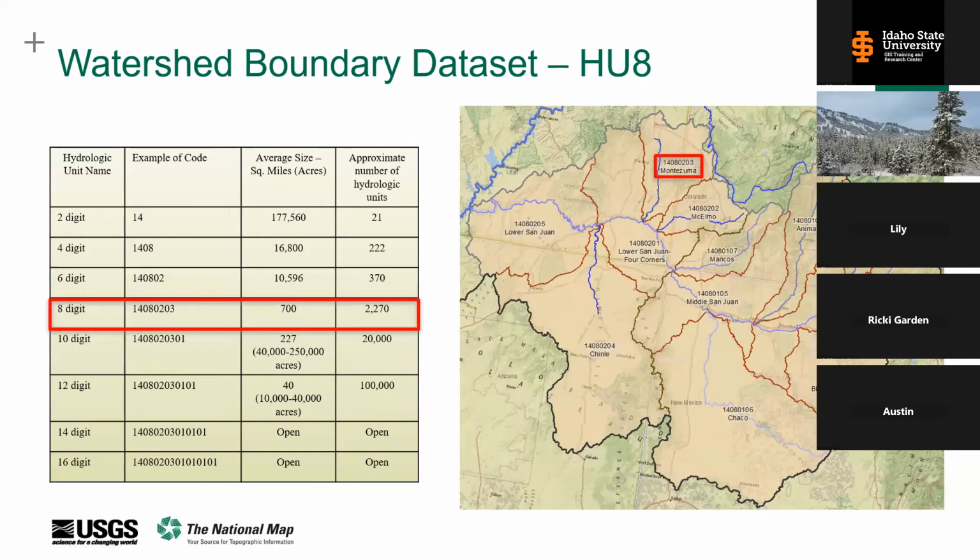If we continue on to the 8-digit hydrologic unit level, you can see that we're starting to break out some of the major tributaries along our main stem here. And we're taking a look at 1408, 0203, which the name is Montezuma. Now for our 8-digit hydrologic unit level, the average size is 700 square miles, and the approximate number of hydrologic units that we have at that level is 2,270.